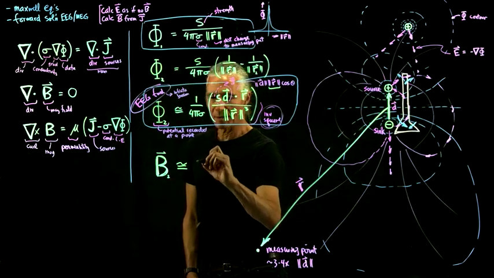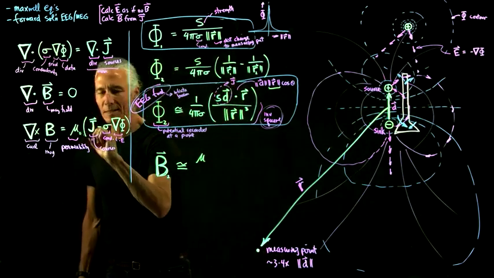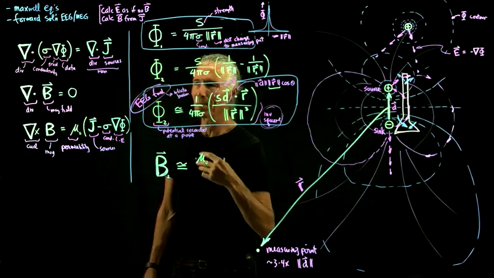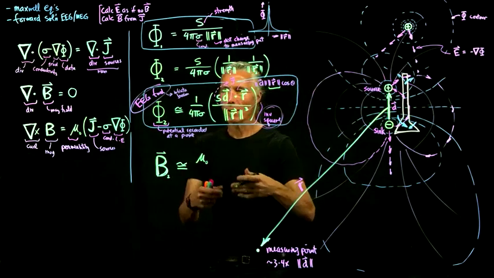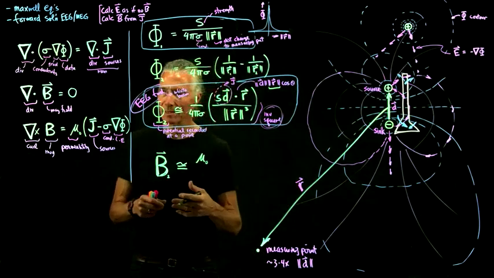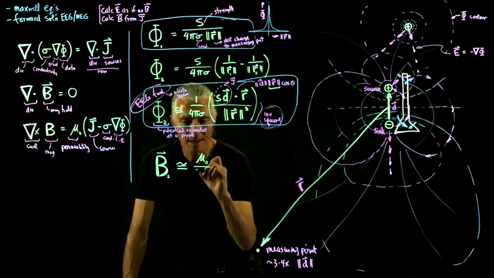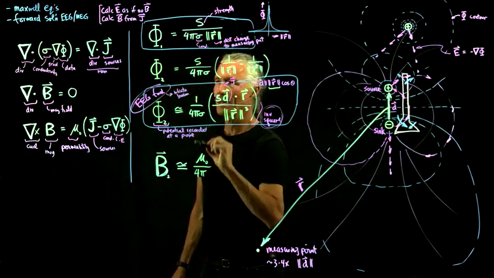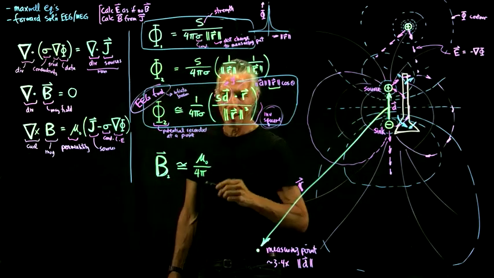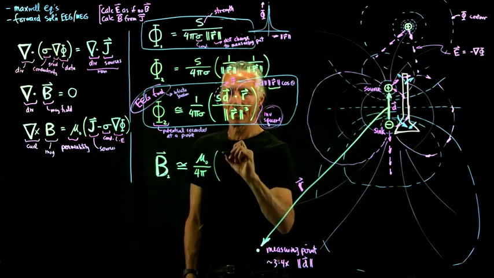This one is approximately equal to a very similar forward solution. It's got the permeability in it, which is just a constant for how much the magnetic field permeates into a particular substance compared to a vacuum. That one's in the numerator, not the denominator, but it's similar to the conductivity constant here. The equation otherwise looks virtually identical.